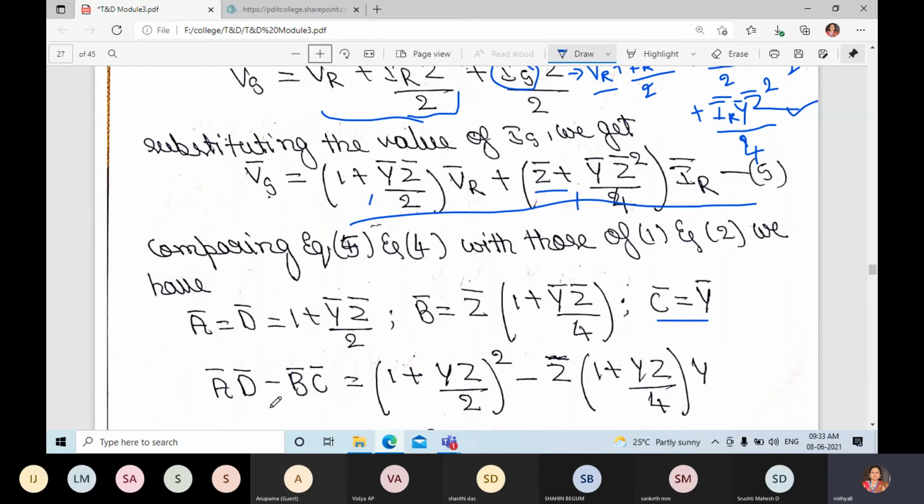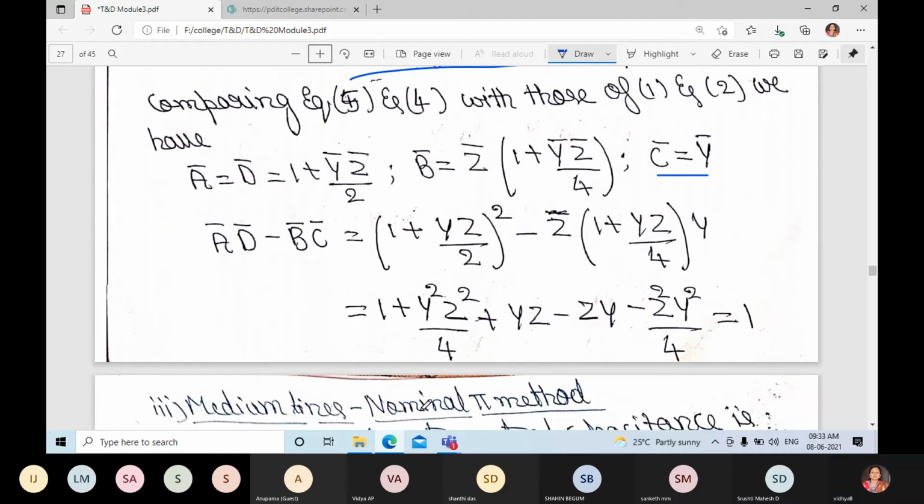When you do A vector D vector minus B vector C vector, you should get the value 1. Then only we will come to know that the A value, B value, C value and D value we have found are correct.